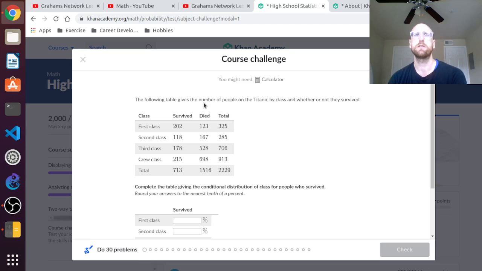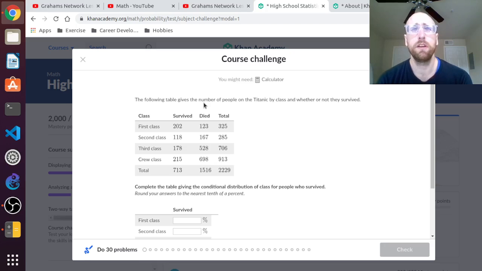And we've got 6 rows. The first row is just the headers for each of the columns. Then the second row is first class. Then we've got second class, third class, crew class, and finally the total row with the totals for each of the columns: survived, dead, and total.